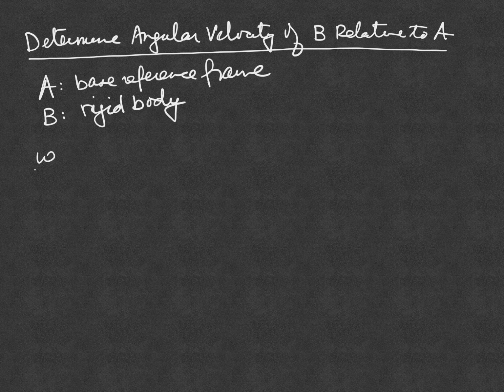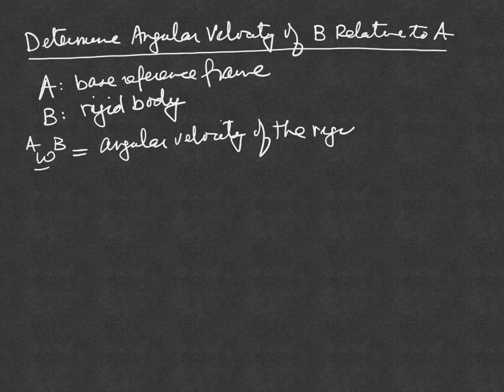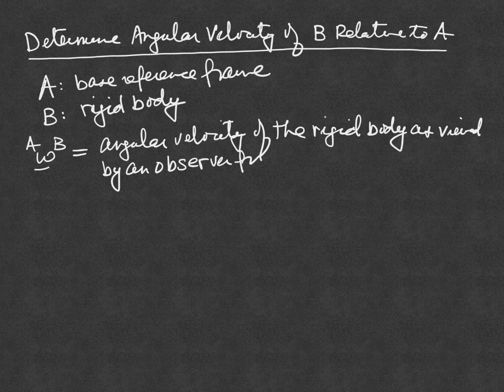So omega BA is the angular velocity of the rigid body as viewed by an observer fixed in the base reference frame.